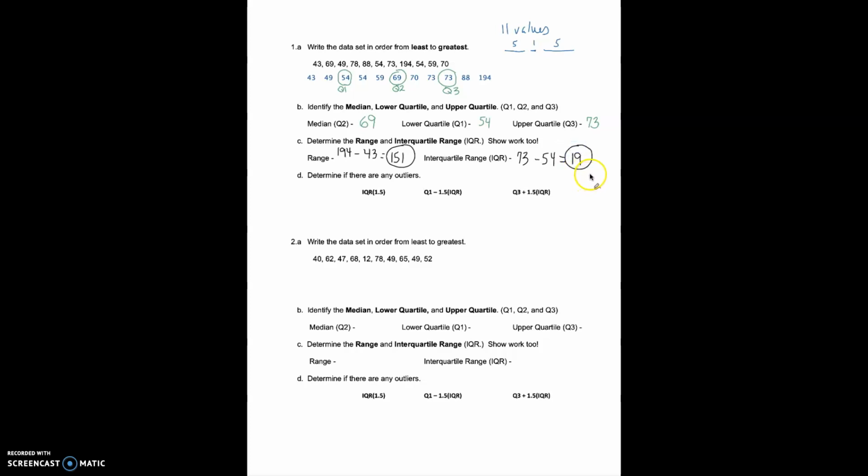So our IQR is important again. We're going to figure out if we have outliers by using that IQR. So I'm going to come down here. I'm going to multiply my IQR of 19 by 1.5. So 19 times 1.5 is 28.5. So I'm going to take my Q1. I look back up, my Q1 is 54. And I'm going to subtract 28.5 from it.